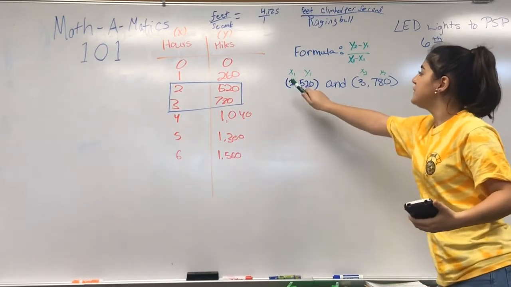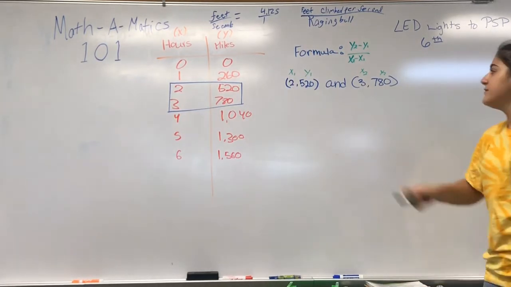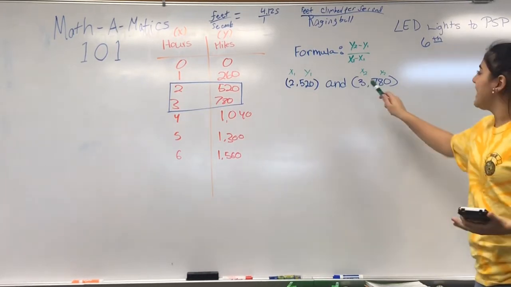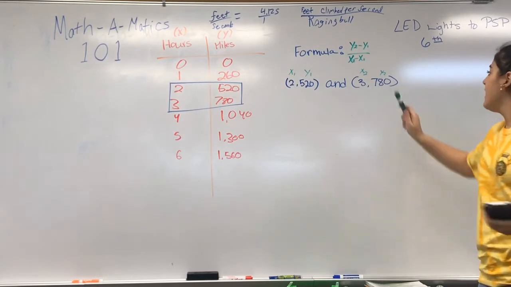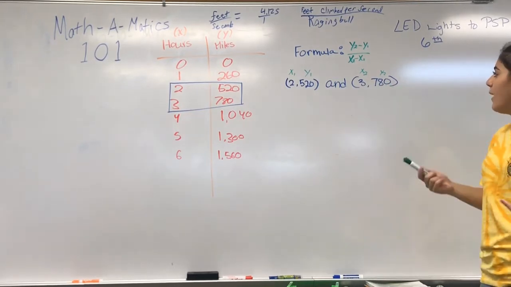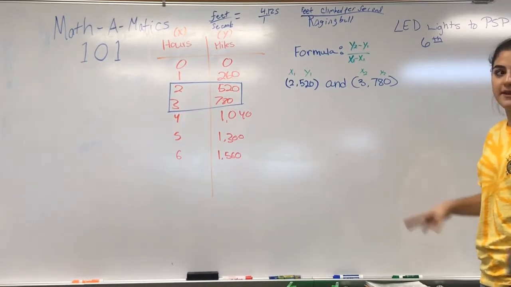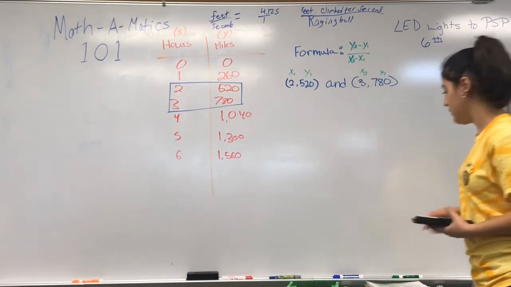So I used 2 as x1, 520 as y1, and 3 as x2, and 780 as y2. So now let's just put these numbers into our formula and we will hopefully get our slope.